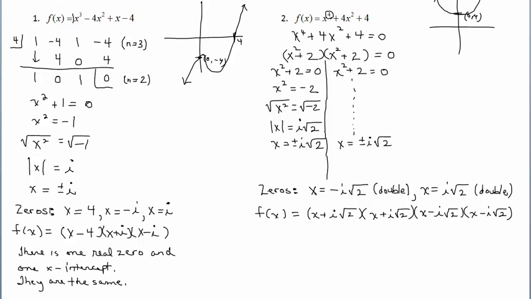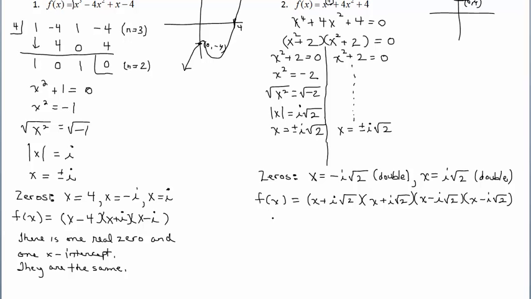All right, so this is actually an extra step according to the instructions of what we're supposed to do. But let's go ahead now and answer the question. Okay. There are no real zeros. None of these answers up here were real.